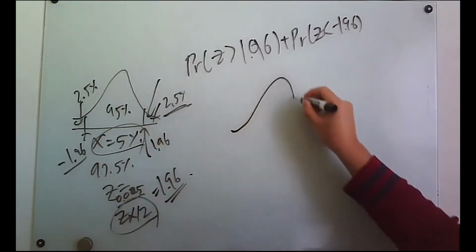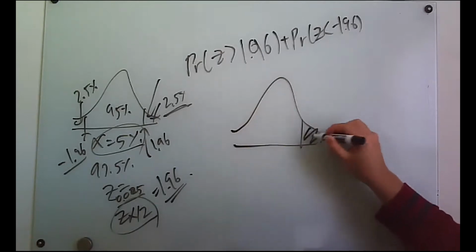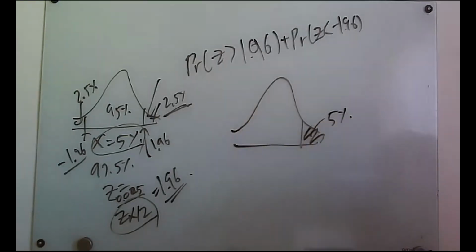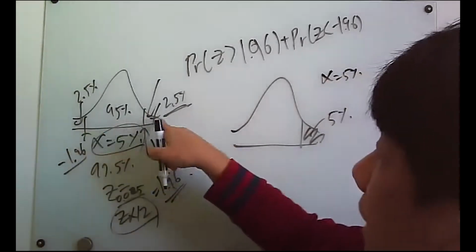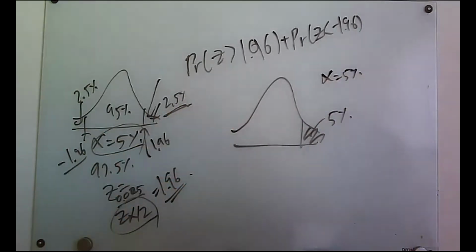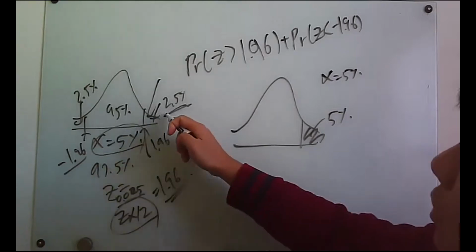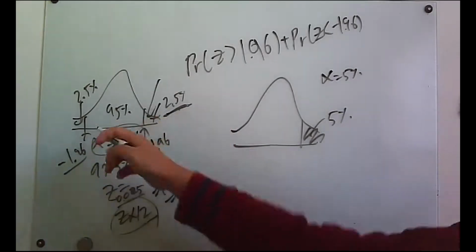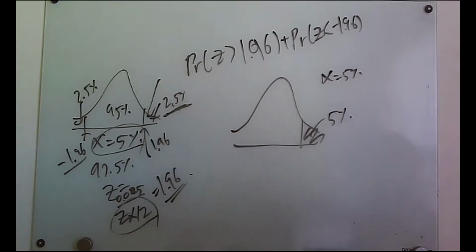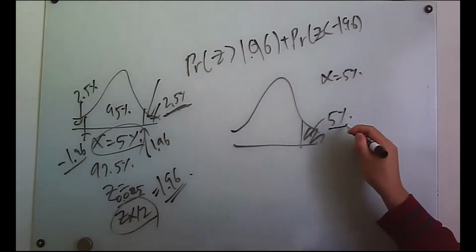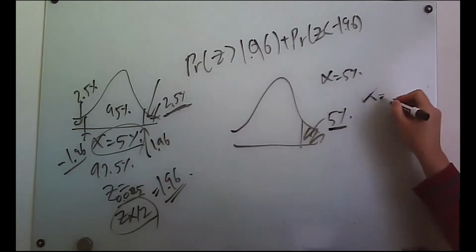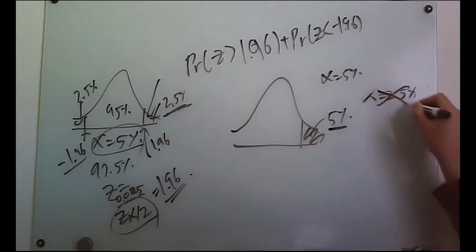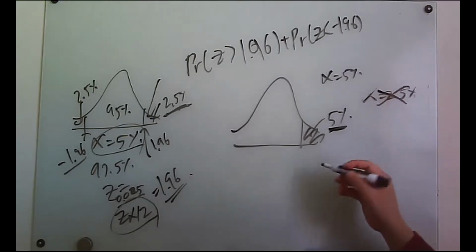But in one-sided, for example, this area should be 5%. That is a big difference. This is still alpha equal 5%. So the summation of these two areas should be 5%. That is our significance level. That's why we are looking for only 2.5% each, because we know this is symmetric and this is two-sided. But in one-sided, we need to look at one side should be 5%. It shouldn't be 2.5. So we are looking for 5%.